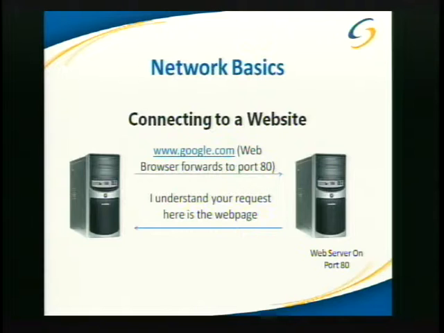So that you're speaking the same language, you go over to google.com, and since it's expecting web traffic generally on port 80, it's going to be able to understand what you're talking about and talk back to you, and that way you can browse the internet, or at least Google.